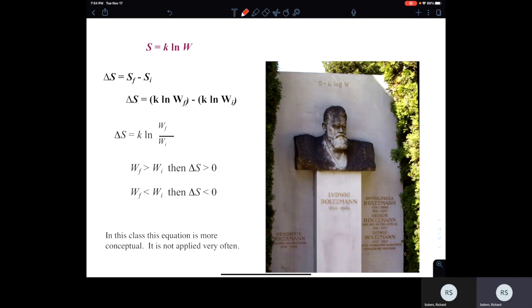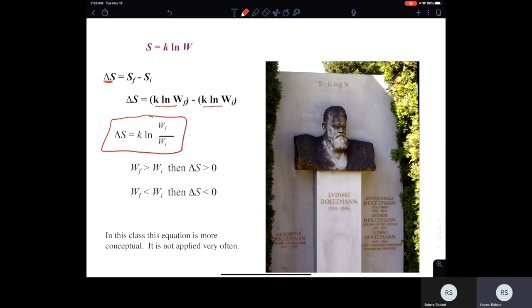First of all, when you calculate delta S, so you go from your initial to your final state, it's going to be the final minus the initial. You can substitute in this equation now. So K natural log of W for both, but we'll put a subscript F and I for final and initial. Using the rule of logs, we can simplify it.